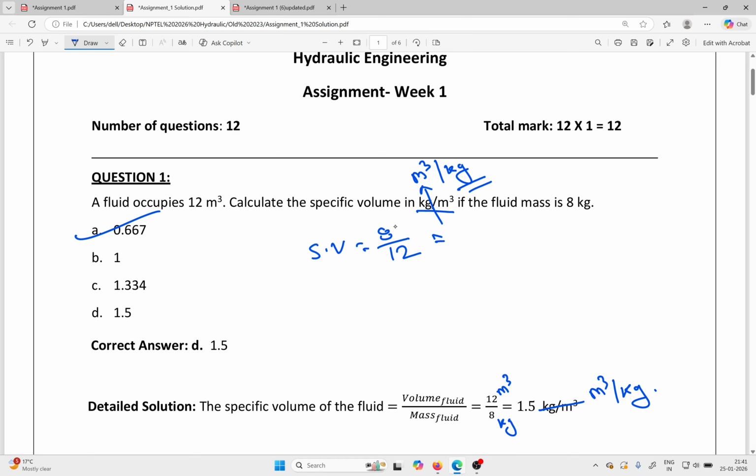That's why I was solving based on this unit, so we will go with option A. But for meter cube per kg, you need to divide 12 by 8, so 1.5 meter cube per kg. So this will be your final answer. Specific volume is the volume per unit kg of mass.